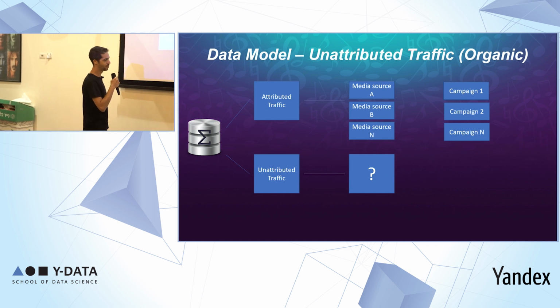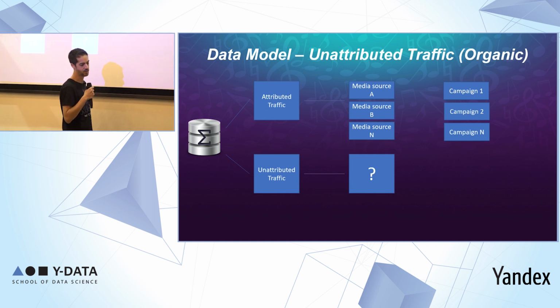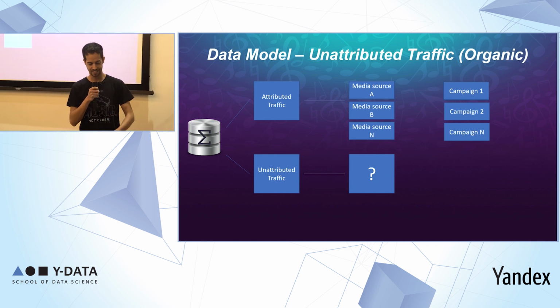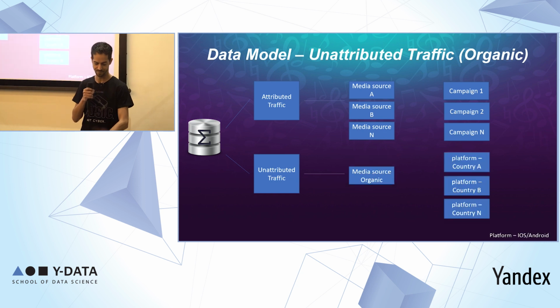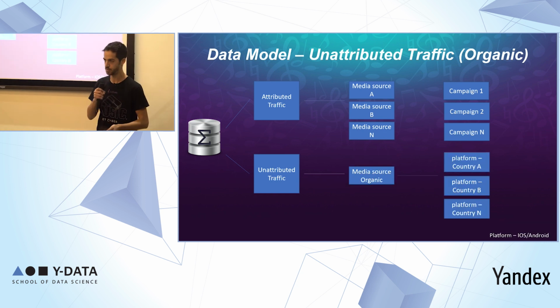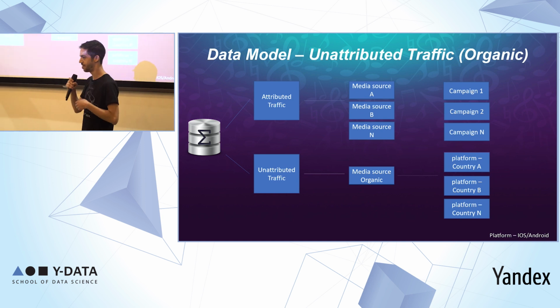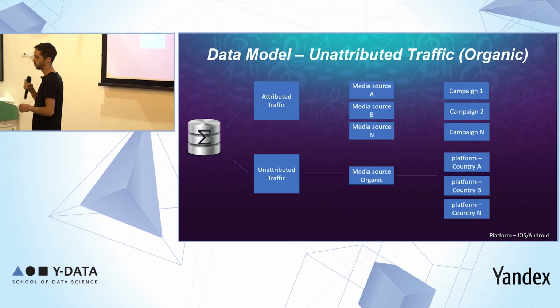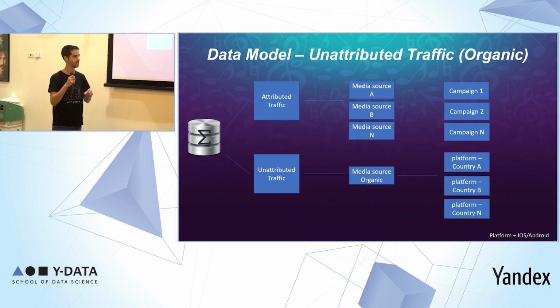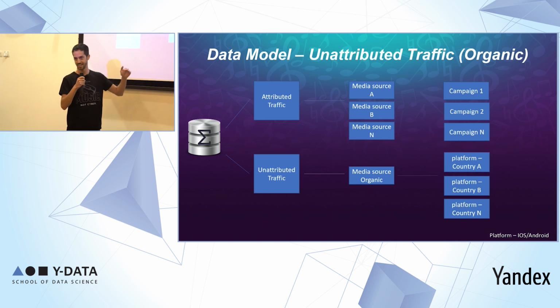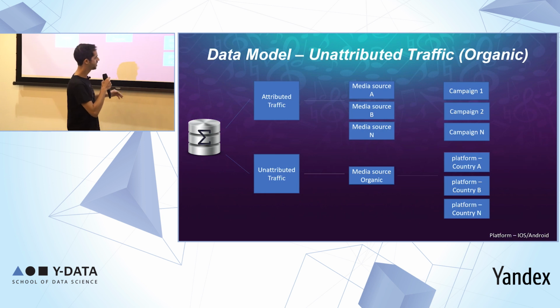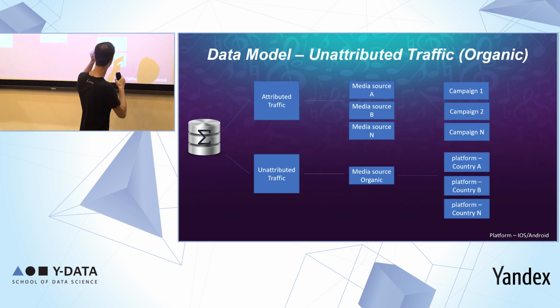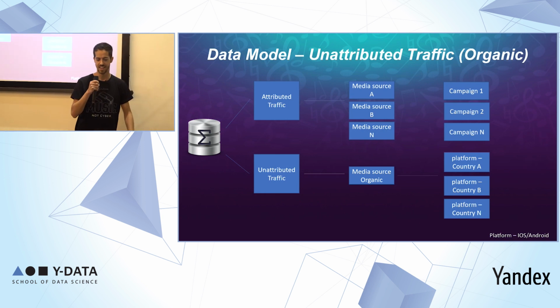So what we did was treat unattributed traffic like the rest of the media sources, meaning that we have Facebook, we have Google, and now we also have organic. The second thing was to sub-segment the unattributed traffic into campaign-like entities. So we just make the crossing between a campaign and a country.